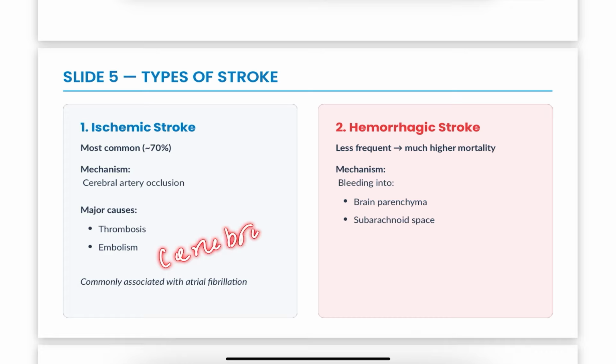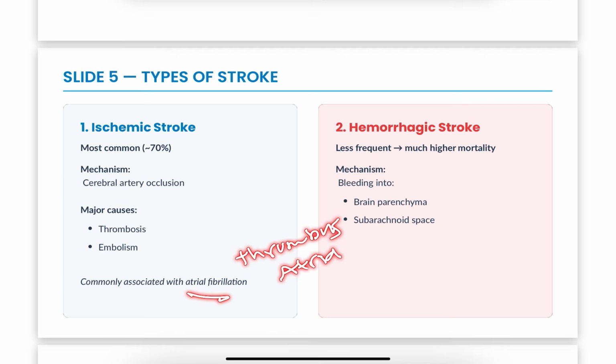A very important cause of embolic stroke in this case is atrial fibrillation, because atrial fibrillation can lead to a thrombus in the atria. And this thrombus can actually travel to the brain.